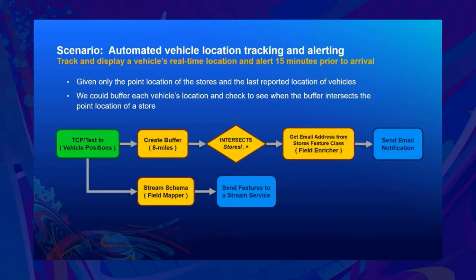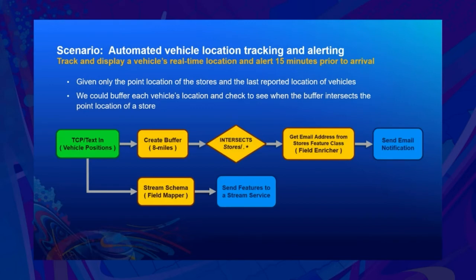If we assume that a vehicle in normal traffic approaching a store can travel 8 to 10 miles in about 15 minutes, we might use GeoEvent Server to create a buffer around each vehicle's position as the last known positions are received. When this buffer intersects a store's point location, we can use the truck's track ID to look up which store the truck is supposed to be driving to, get contact information for the receiving manager at that store, and send an email or SMS text.